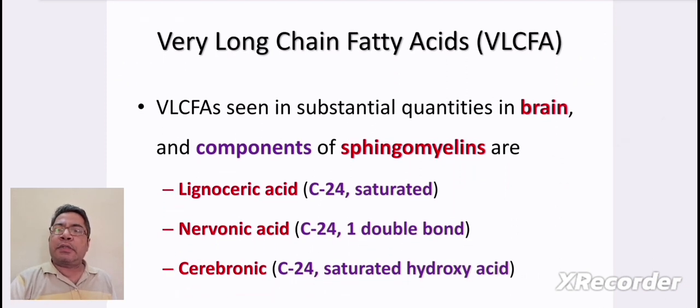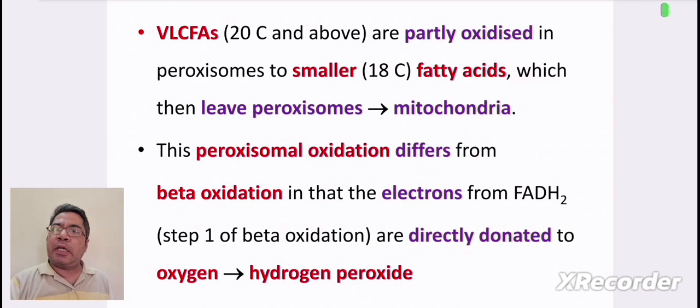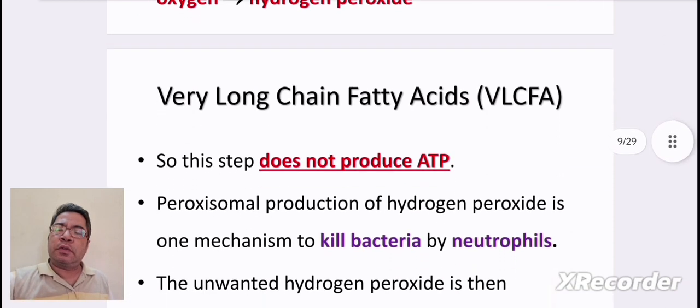VLCFA is seen in substantial quantities in the brain, and components of sphingomyelins are lignoceric acid, nervonic acid, and cerebronic acid. VLCFAs are partly oxidized in peroxisomes to smaller fatty acids, which then leave peroxisomes to go to mitochondria. The peroxisomal oxidation differs from beta oxidation in that the electrons from FADH2 are directly donated to oxygen to form hydrogen peroxide.